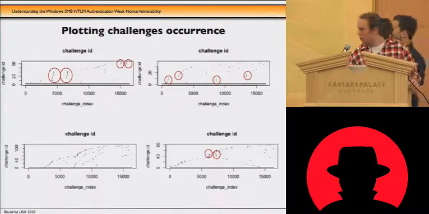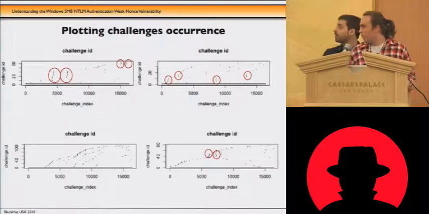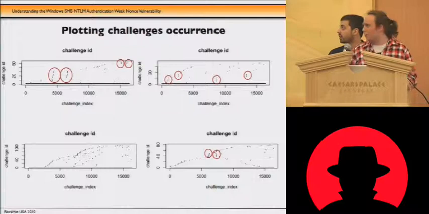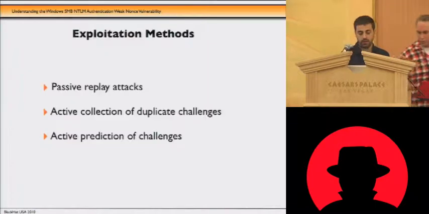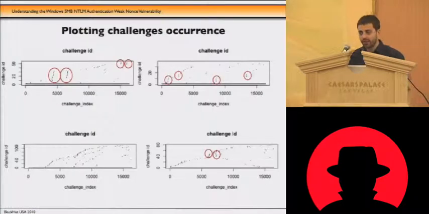Basically, these are different sections of the 64K sample in chunks of 16K, and we can see all those patterns in this plot. I know that perhaps the graphs are kind of difficult to understand, not because they are very complex, but because you need some time to understand them.